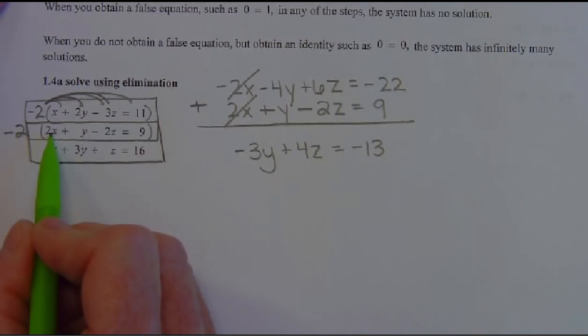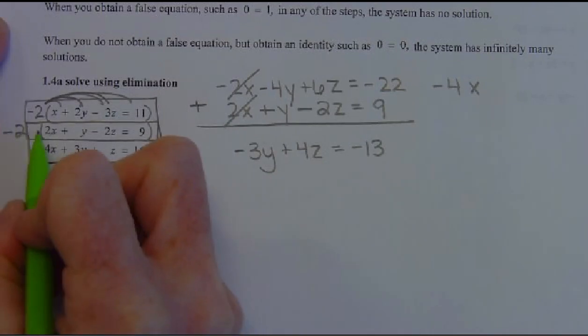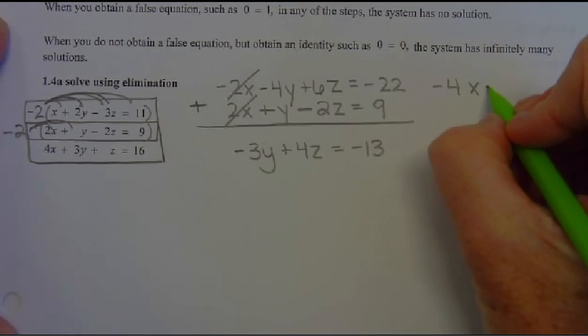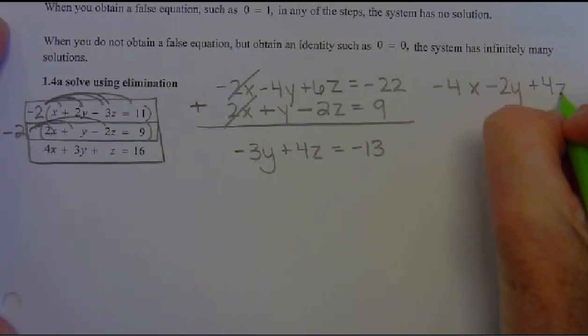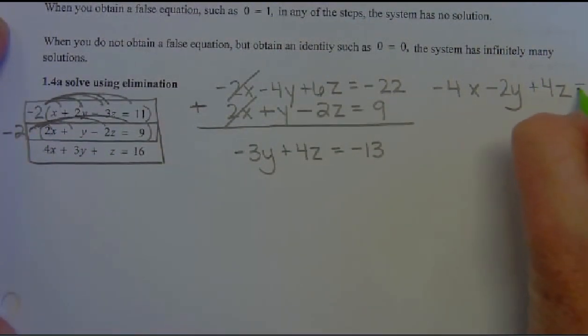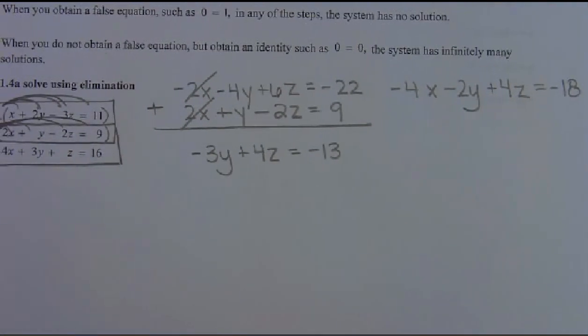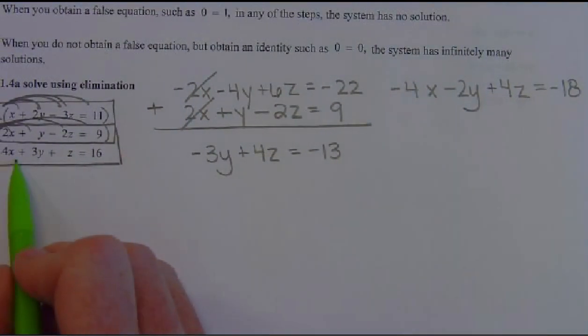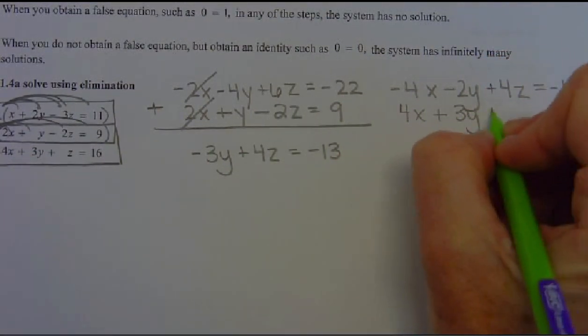So if I distribute that -2, I get -4x minus 2y plus 4z equals -18. Once I have that written down, I then just take my other line and I write it underneath just to stay organized.